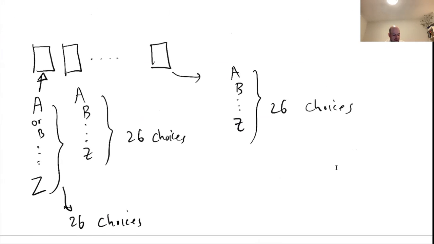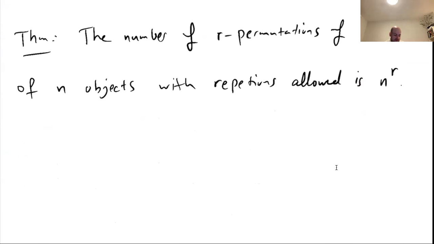For the first position you have n choices, for the second position you have n choices because repetition is allowed, all the way to the rth position, you have n choices, and in total you will have n to the power r choices. So the proof I leave as an exercise because I wrote the proof for you. You just need to replace the number 26 with n. The idea is exactly the same.